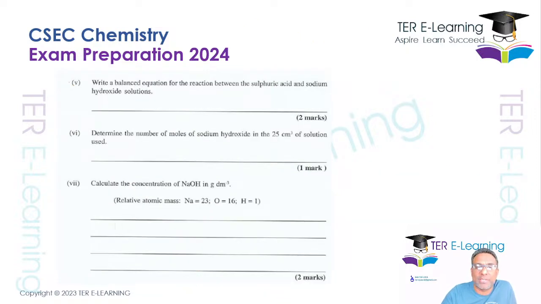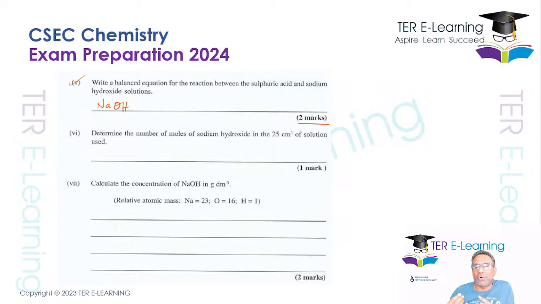Next part, they want us to write a balanced equation for the reaction between sulfuric acid and sodium hydroxide. Now, when you are asked to write an equation, sometimes you might see 2 marks, sometimes 3 marks.